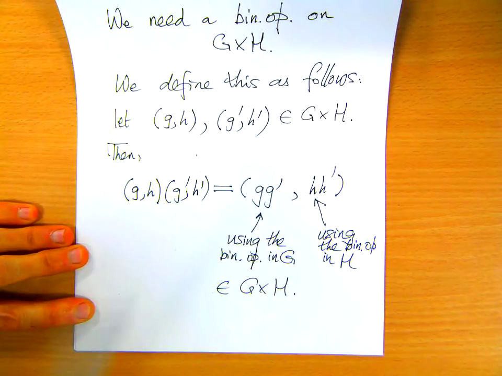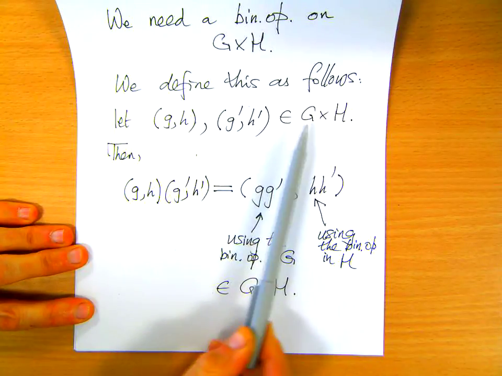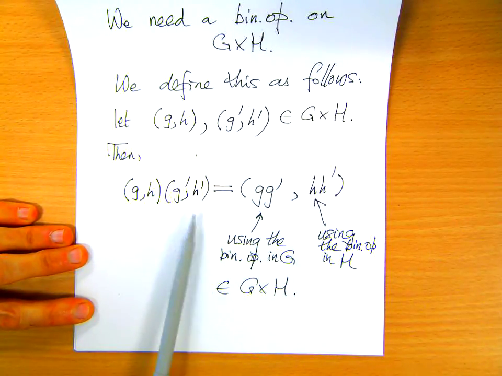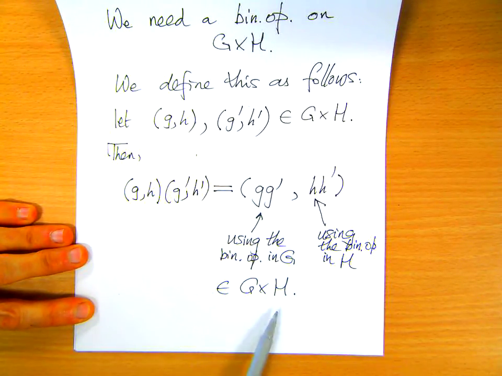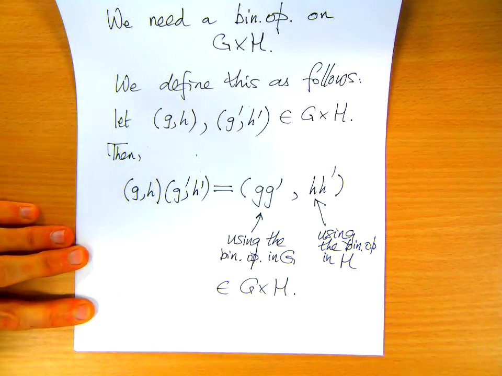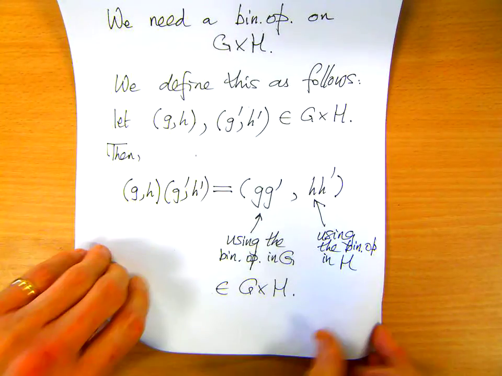So using the binary operations on G and H separately, we've constructed a binary operation on the set G cross H. So we've now got a set with a binary operation. So that's a good start.